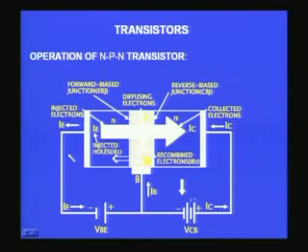The other way to look at it is this large power supply will provide a very large field across the junction, so that these electrons will be attracted towards, or collected by, the positive region of the collector.